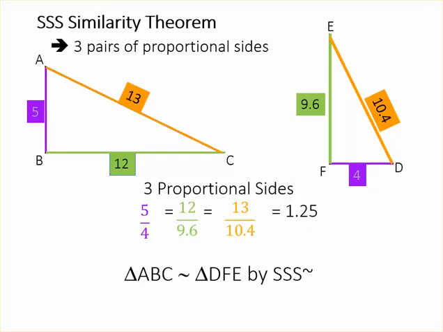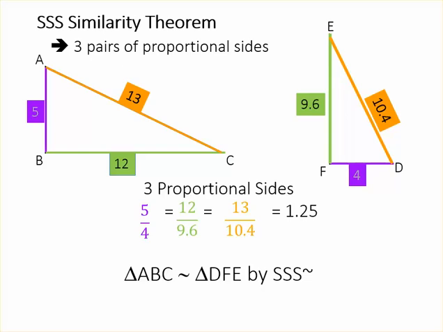Our second method is side-side-side, or the SSS similarity theorem. In order to use this, we need to know that we have 3 pairs of proportional sides. This means we pair up the corresponding sides. We can turn them all into a decimal by dividing, and all 3 of those have to be equal.